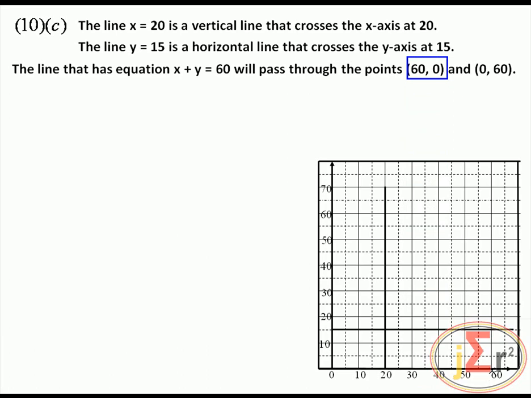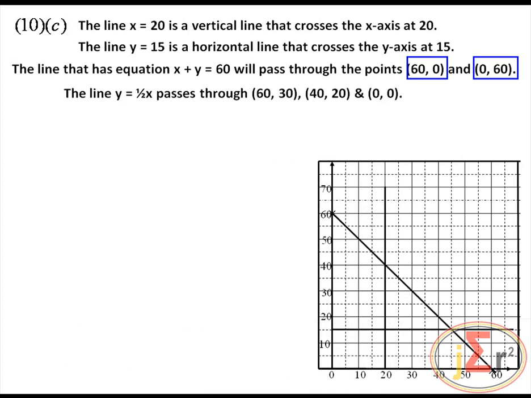It will be right there. And 0, 60 is the other one. It will have x ordinate equals 0, no movement in the x direction, but it will go up to 60 and the line will go through those 2 points. The line y is equal to a half of x passes through 60, 30. Let's plot that one. 40, 20 there, and also through the origin 0, 0.